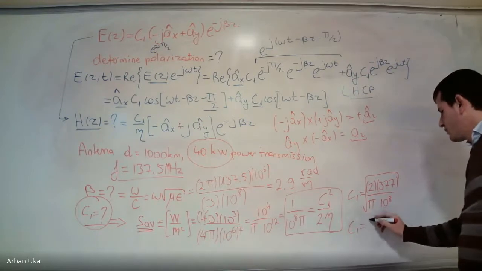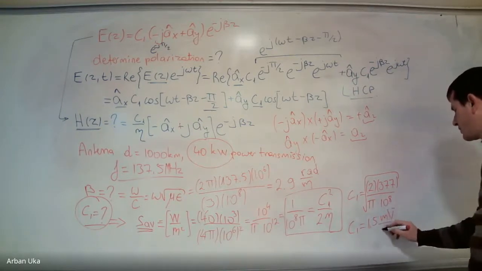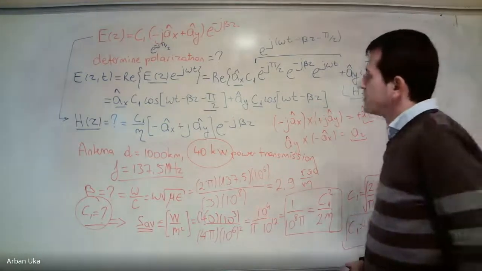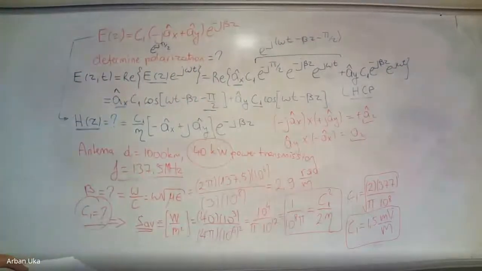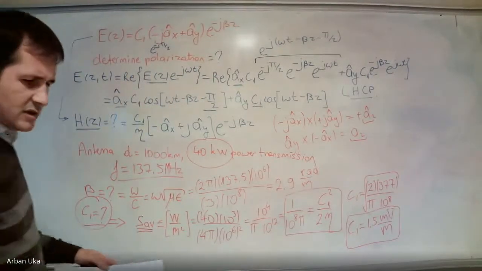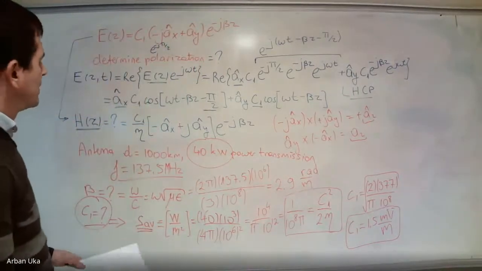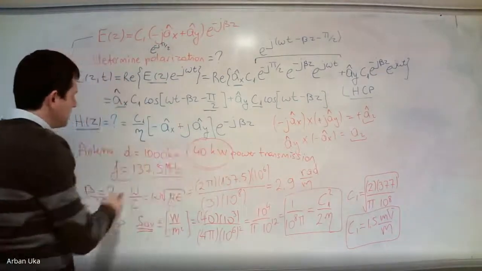C1 is 1.5 millivolt per meter. This is the amplitude of the electric field for this system, or for this antenna, which produces this much power at a specific distance.